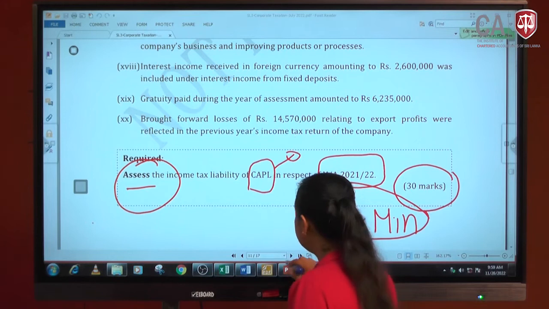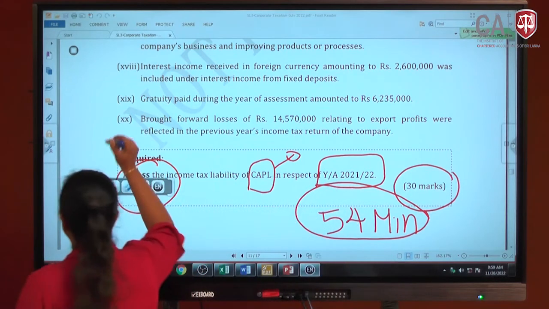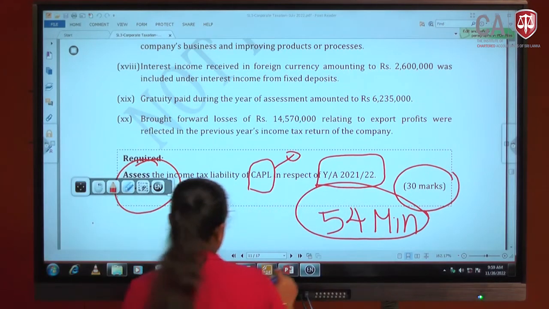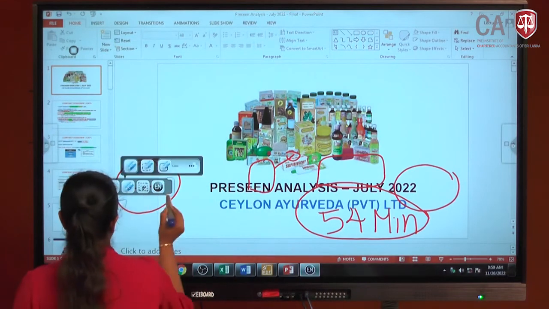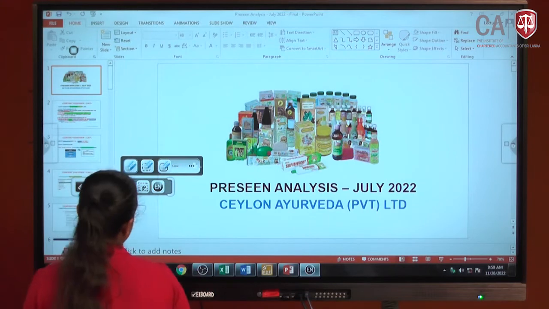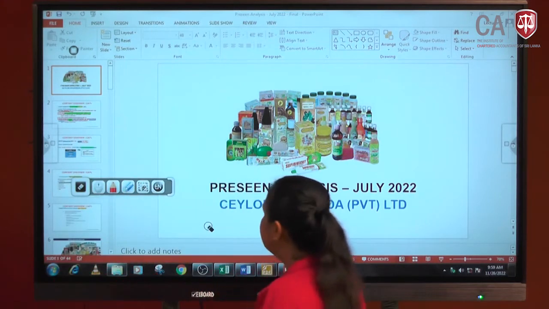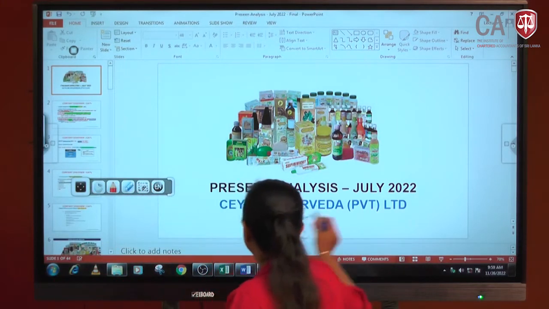Now, let me come to the pre-seen analysis, which we have done for the last examination. Here, this is the pre-seen CAPL.